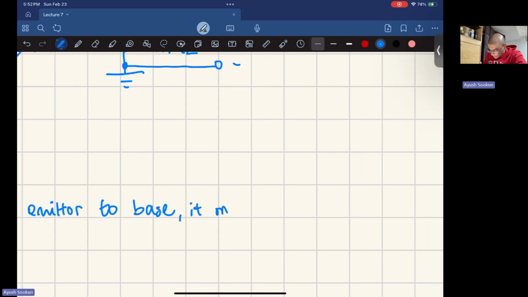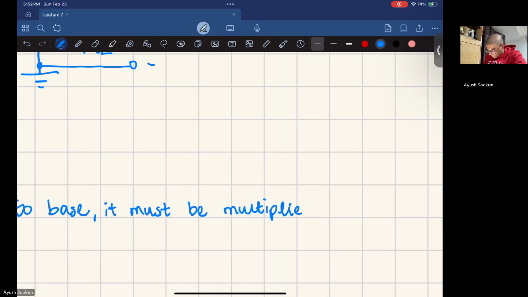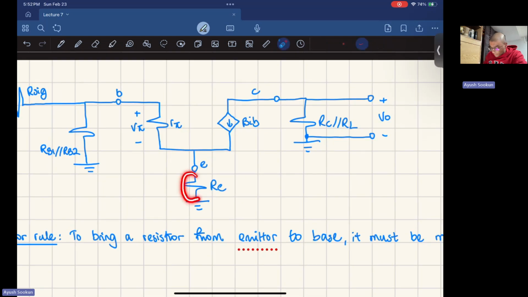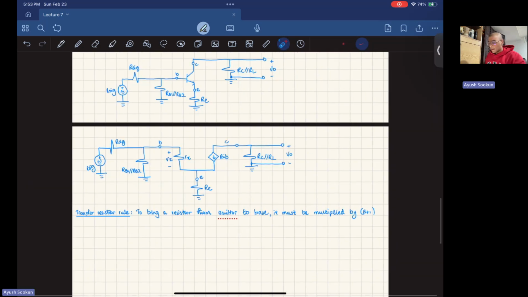It must be multiplied by beta plus 1. So if I want to take this resistor from the emitter and I bring it to the base, I must multiply this resistor by beta plus 1. So then I can have my resistor right here, it would be Re times (beta plus 1), and then my emitter would be grounded. That's the resistor transfer rule.